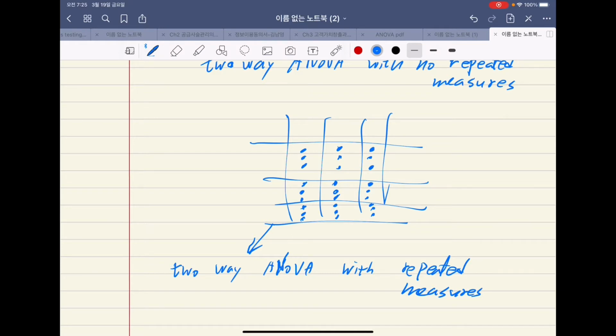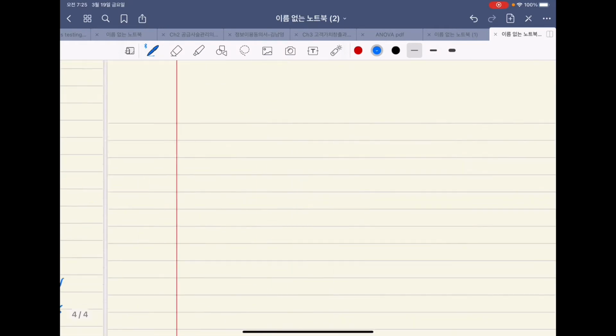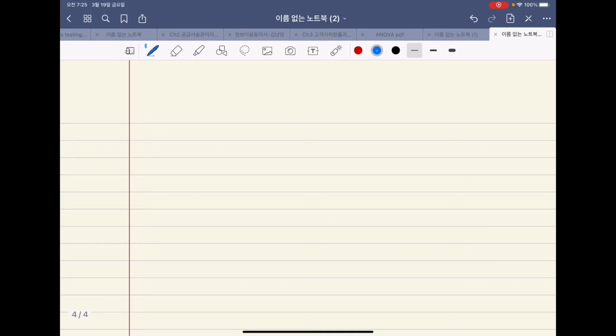All right. So let me summarize this. So we have one-way ANOVA and two-way ANOVA. Right?